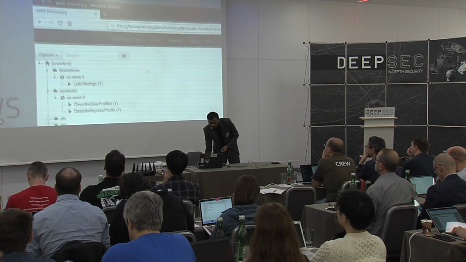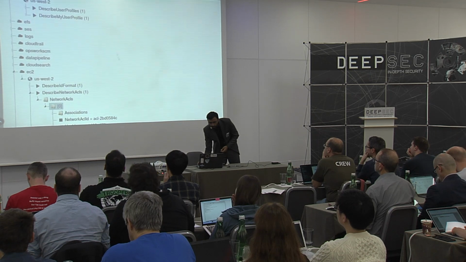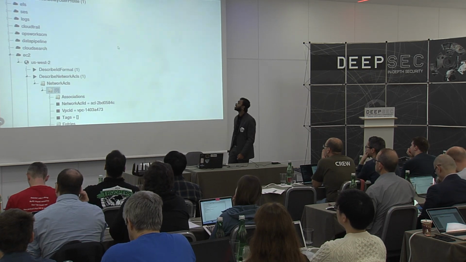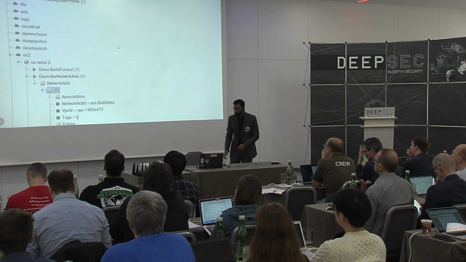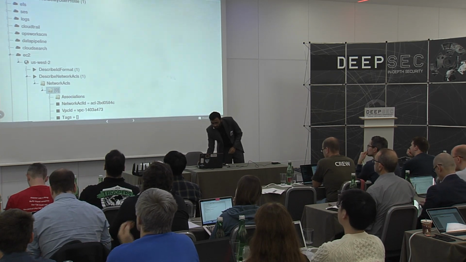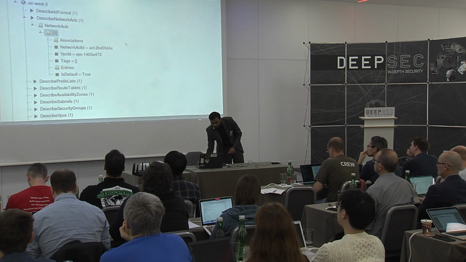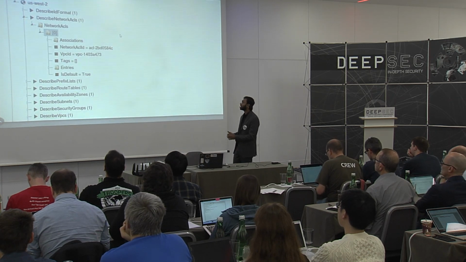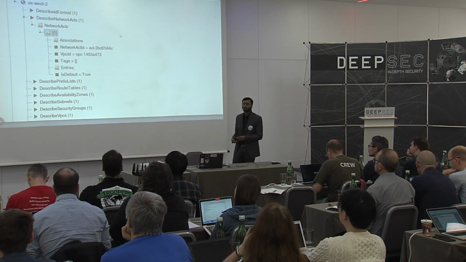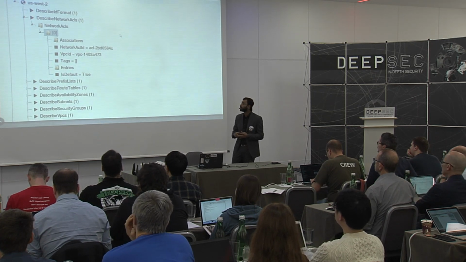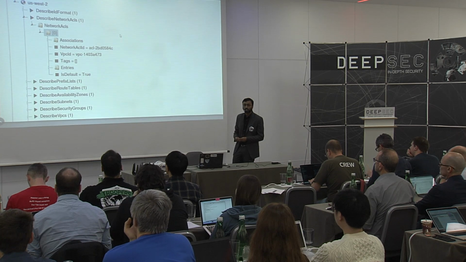Once you run this tool, you get a proper listing of what all services are being used, like ELB, SES, CloudTrail, and if you dig in deep, you have things like EC2, segregated based on the regions, and you get very granular details like network ACLs and things like that.